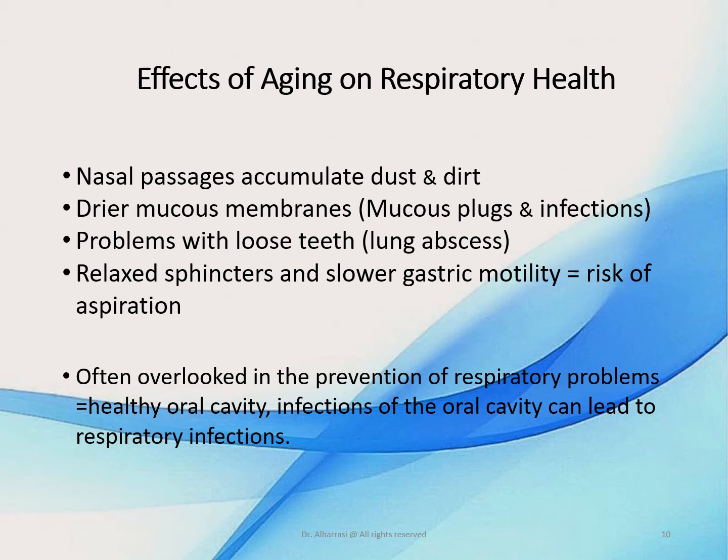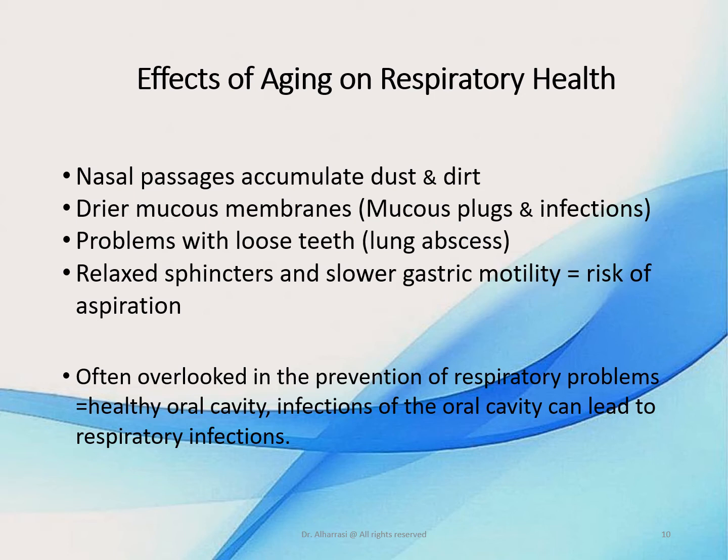In terms, for example, of the nasal passages, they accumulate more dust and dirt, because the ciliary actions are very much reduced. There are also drier mucous membranes. In addition, there are problems with loose teeth that may cause lung abscess.